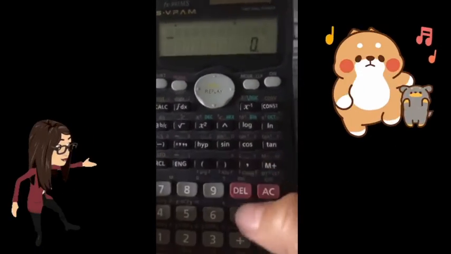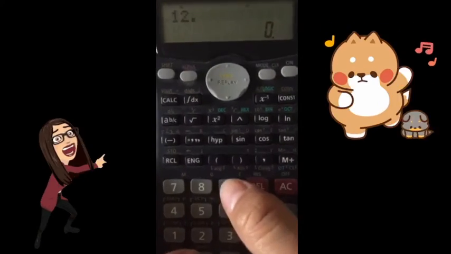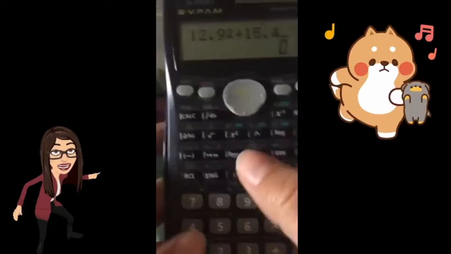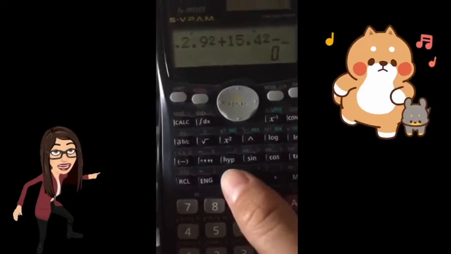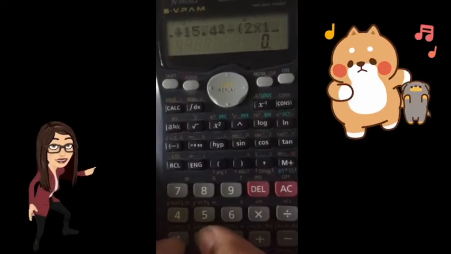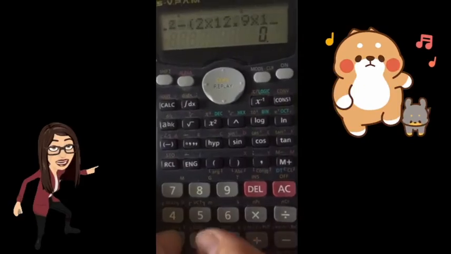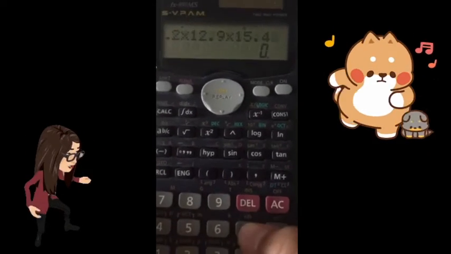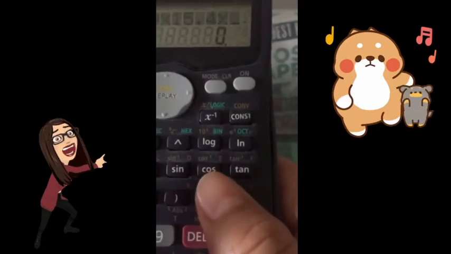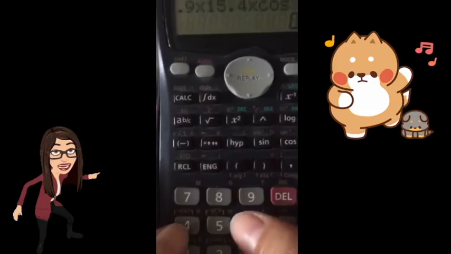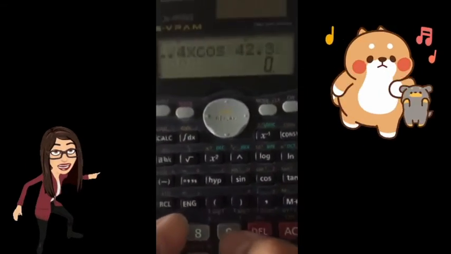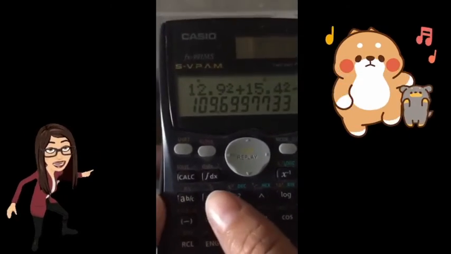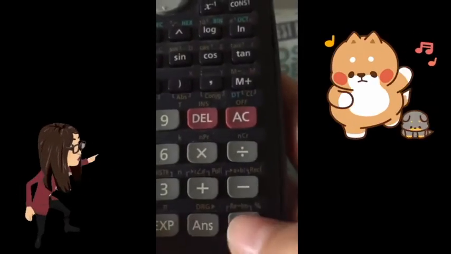So here's how we're going to directly input it on the calculator. We have 12.9 squared plus 15.4 squared minus, let's use a parenthesis, 2 times 12.9 times 15.4, then close the parenthesis, times cosine 42.3 degrees. Then let's use an equal sign, then get the square root of the answer, then equal sign.